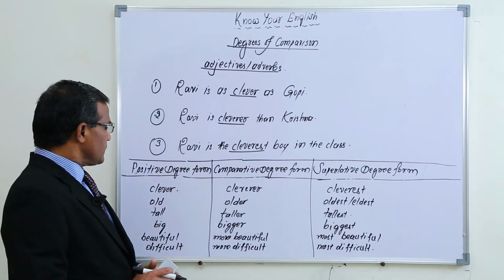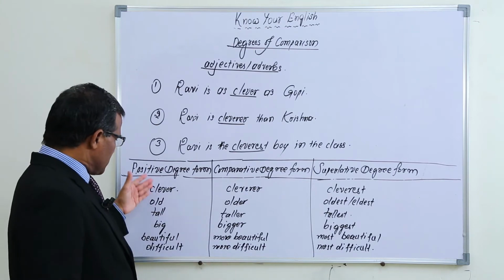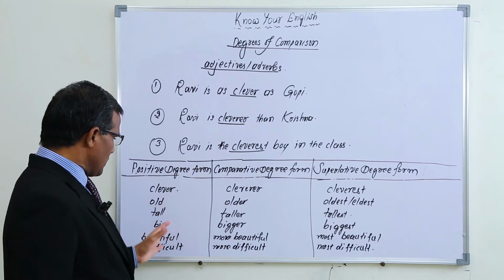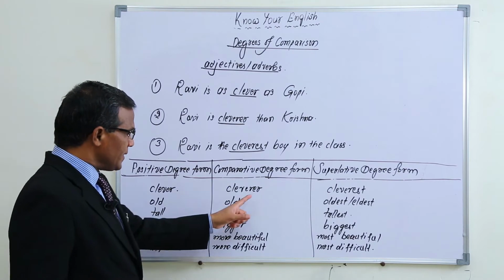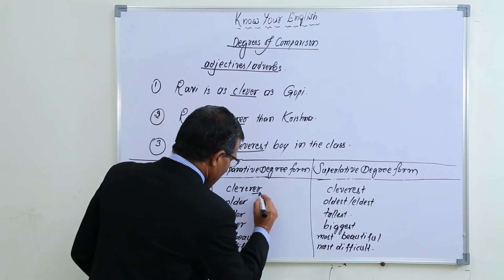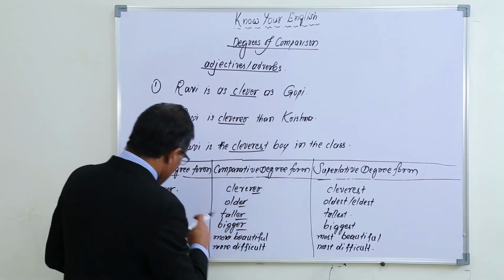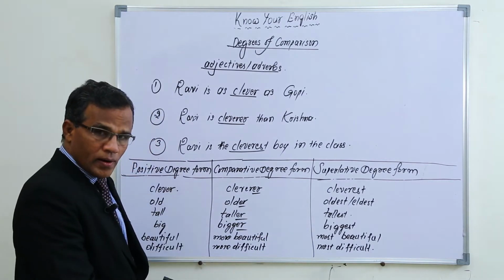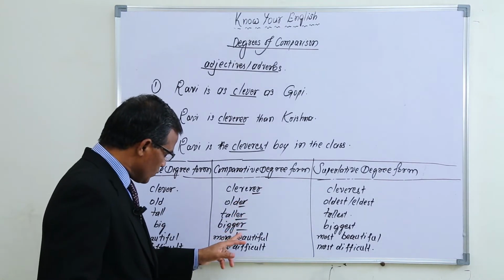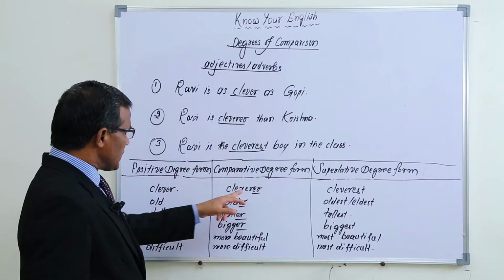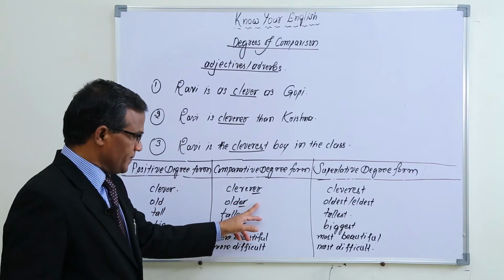And here, generally, for small words like clever, old, tall, big, if you add er to the positive degree form, you can find the comparative degree form.